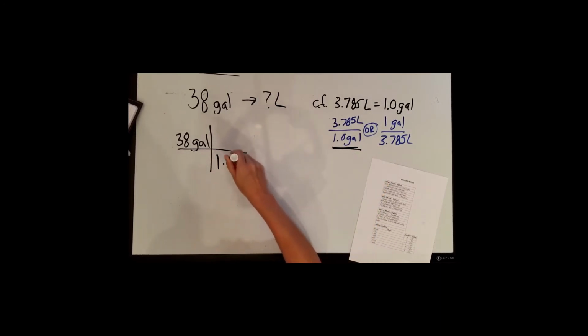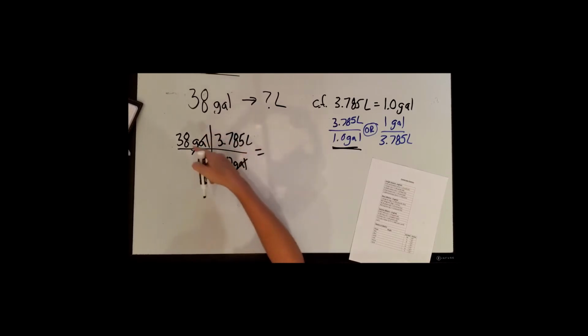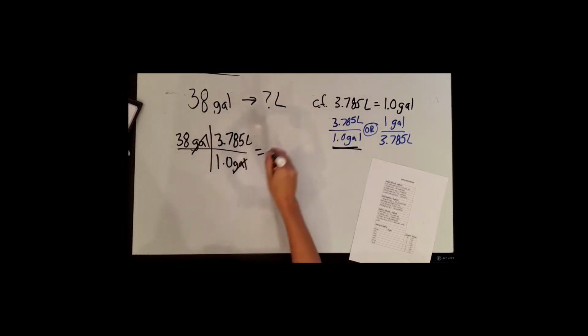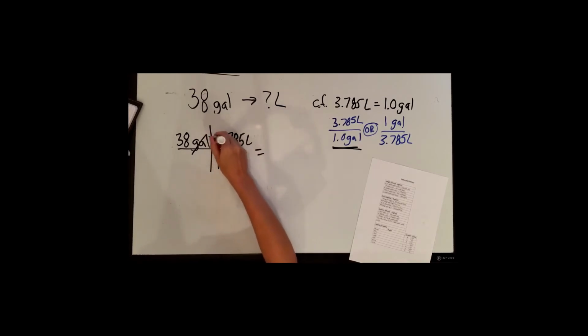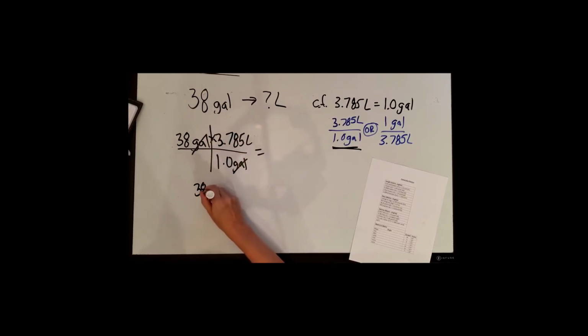Put that 1 gallon in the denominator, the 3.785 liters up in the numerator. Since gallons are on opposite sides of that horizontal line, it's going to cancel out. And I'm going to multiply across, so we'll get 38 times 3.785, and divide that by what's in the bottom, the denominator, which is just 1.